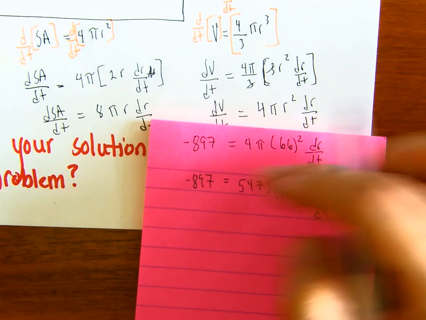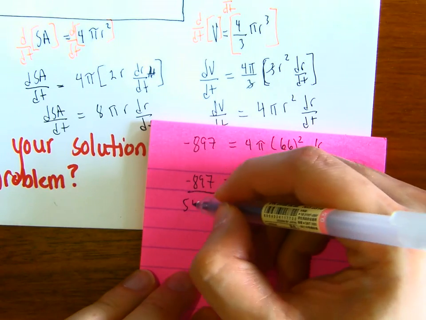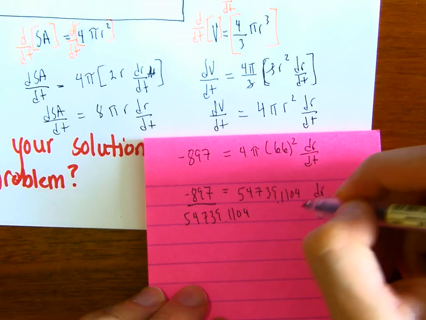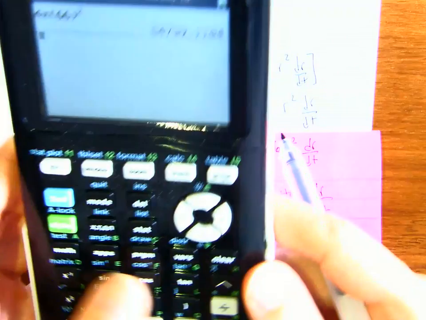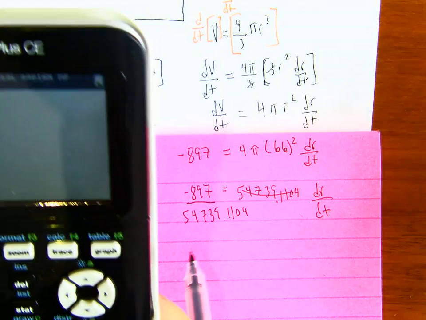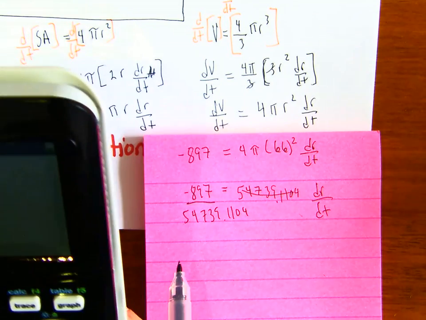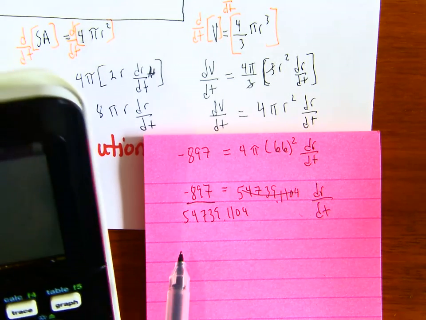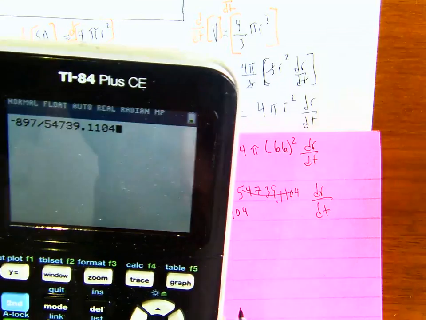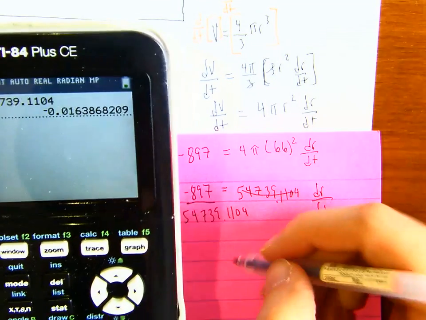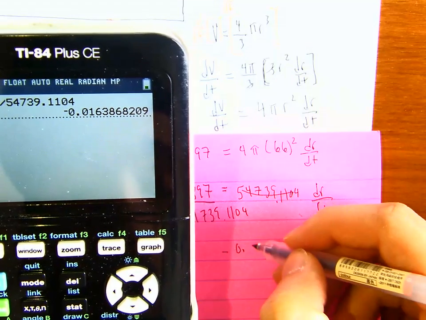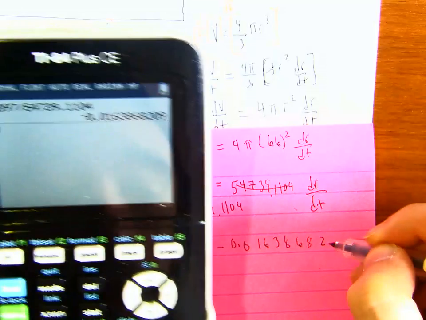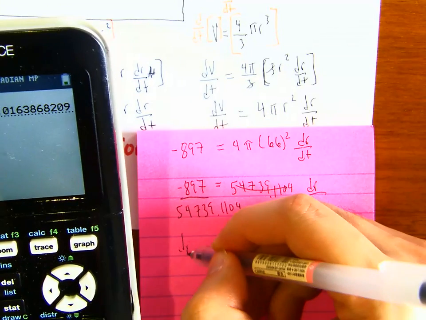Now let's divide both sides by 54739.1104, and that's our dr dt. So if I have negative 897 divided by 54,739.1104, that equals negative 0.0163868209, and that is our dr dt.